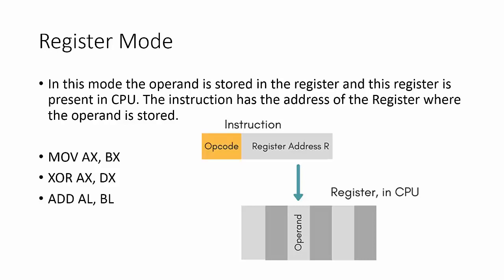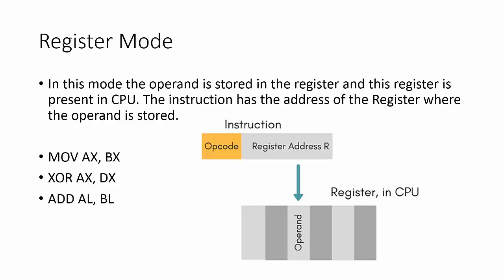Why the address of the register? Because the operands are stored in the registers. As you can see in this figure, an arrow is drawn from the register address to the operand. The operand is stored in whichever register you gave in the instruction.